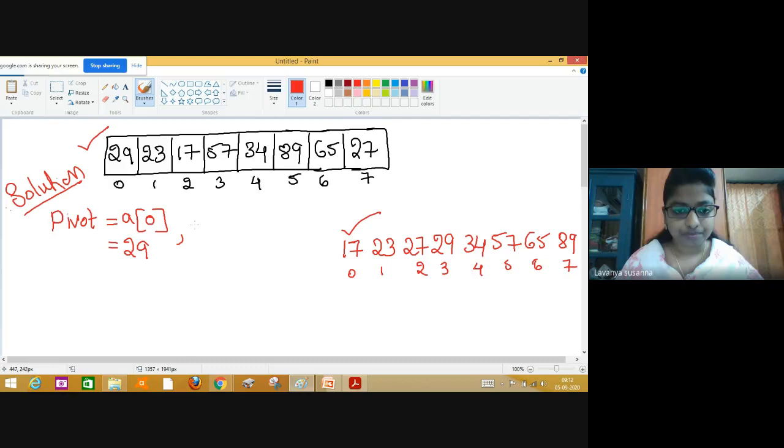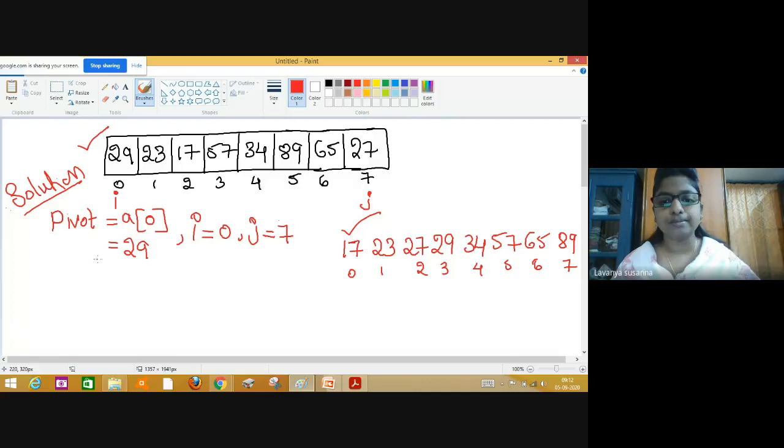Next, I equal to 0, j equal to 7, the last index. Now j is pointing to 7, I is pointing to 0. Write down this solution. I request all the students to write down the solution. Keep the heading solution. First, you need to take pivot.